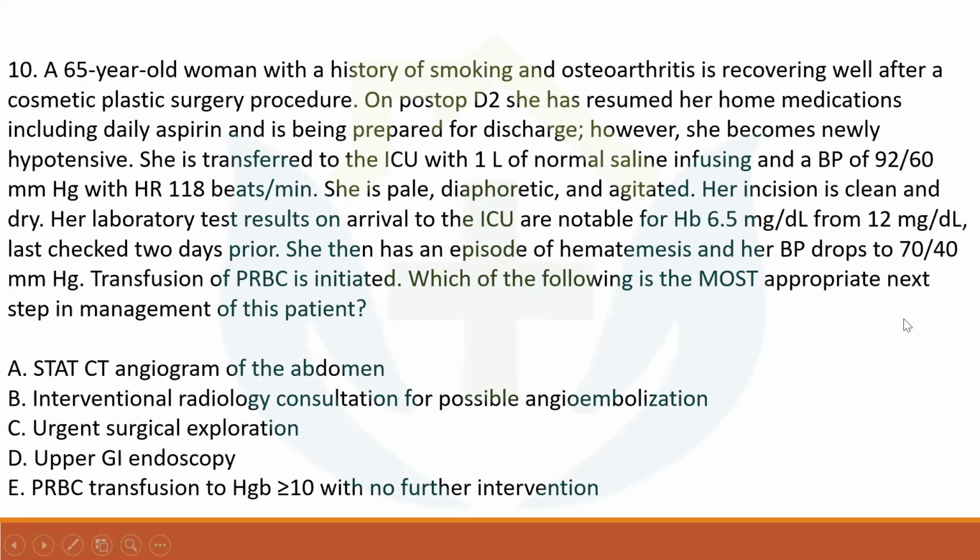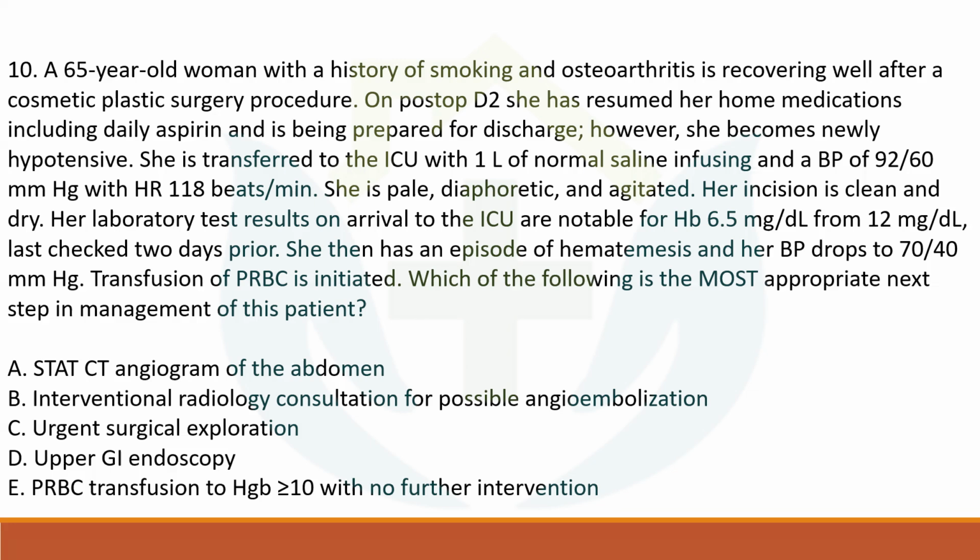Okay, let's move forward. The next question. This is a 65-year-old female with a history of smoking, arthritis, osteoarthritis, recovering well from a cosmetic plastic surgery procedure. On post-op day, she has resumed her home medications, including aspirin, and has been prepared for discharge. However, she became hypotensive.